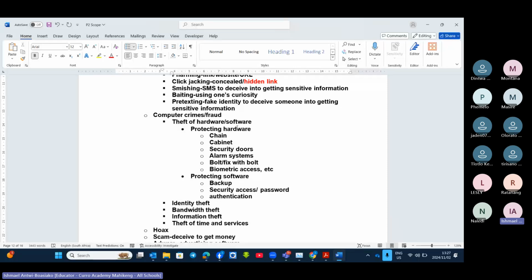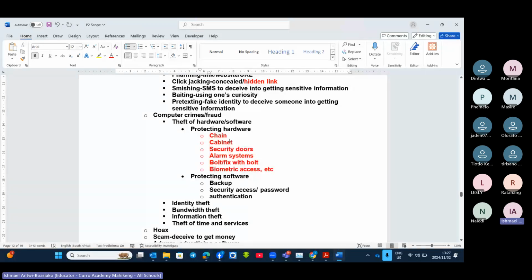Now, when we talk about stealing of hardware, how do we protect them? Sometimes they ask you some of these questions, how you can protect your computer hardware or devices from being stolen. And some of these preventive measures are listed here.